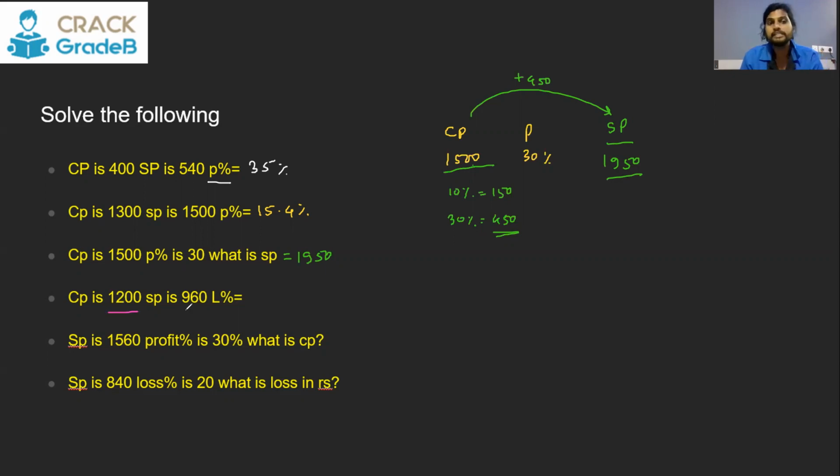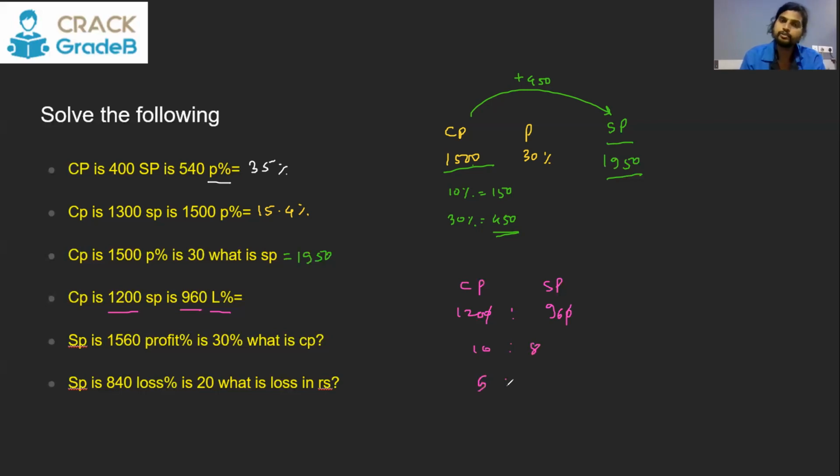Let's see the next one. Cost price is 1200, SP is 960. What is the loss percent? So again, you can just take the ratio. CP is 1200, SP is 960. If you take the ratio, 0, 0 goes. This is 12's 10 times. This is 12's 8 times.